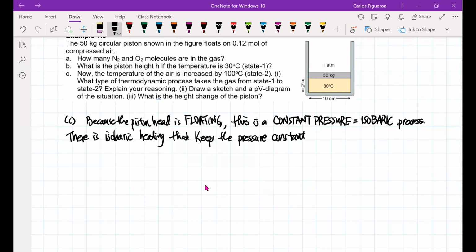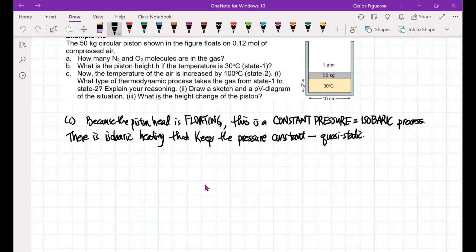And this happens so slowly, it's so slow that this is what we call quasi-static. That means that the incremental changes are so small that it leaves the state effectively at constant pressure the whole time.